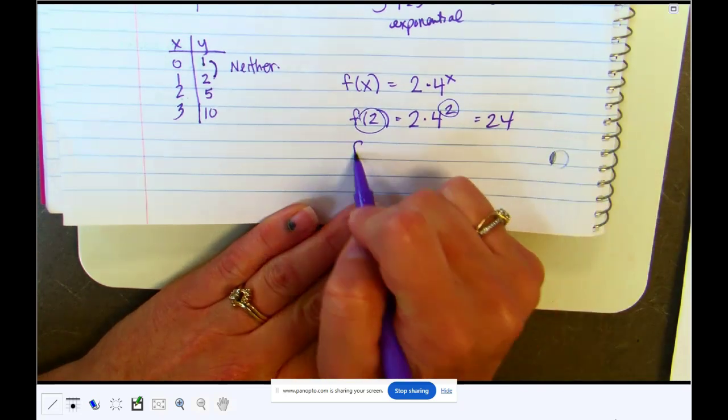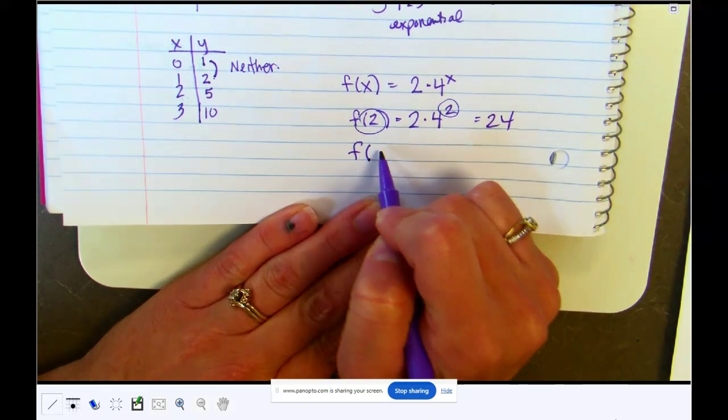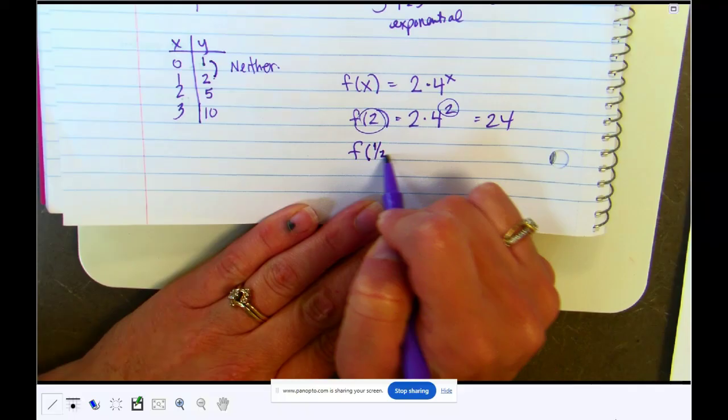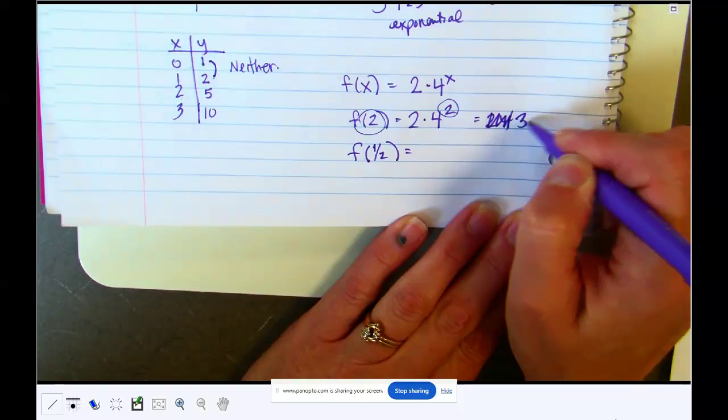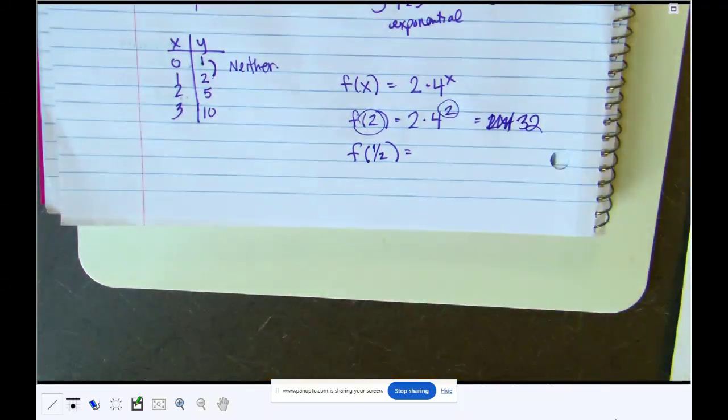Okay, how about f of 1/2, please? Can we do 0.5? You can put 0.5 in your calculator. Your calculator's happy to do decimals.